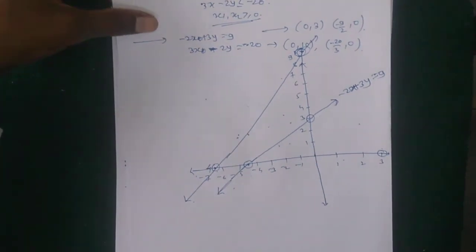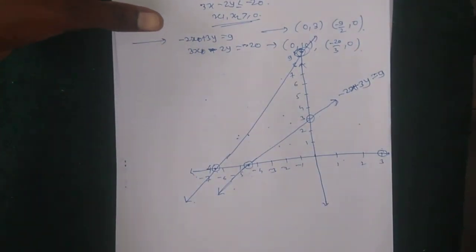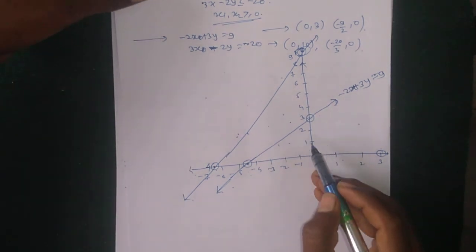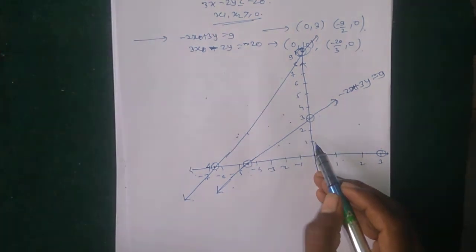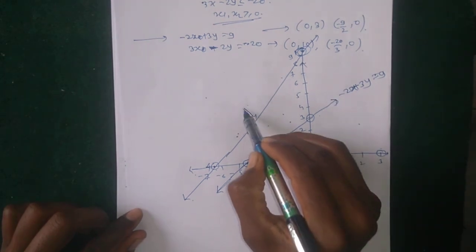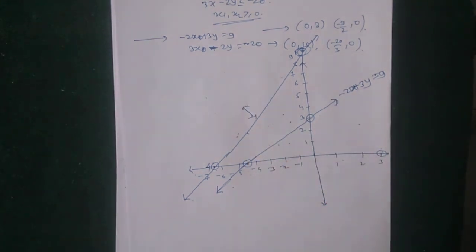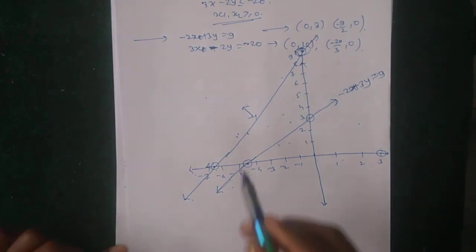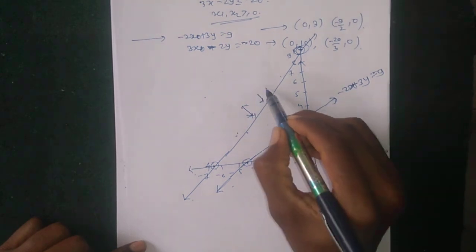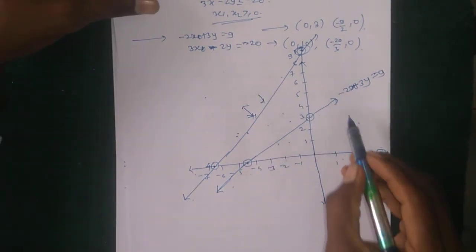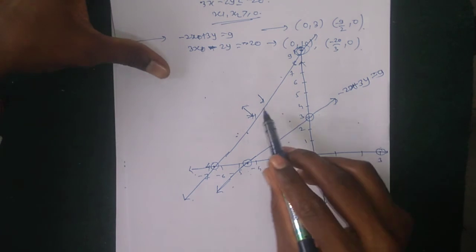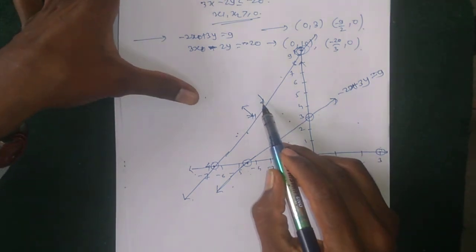So the common region is here, and it has an upper side region. Okay, 3x minus 2y has a less than or equal constraint.